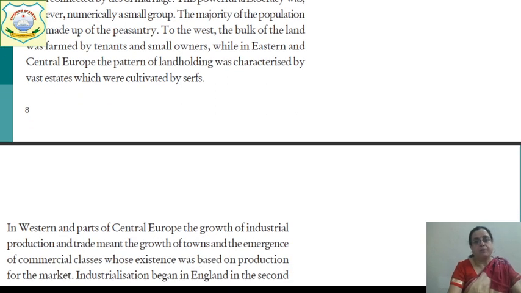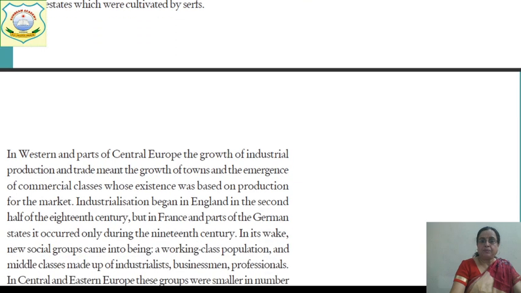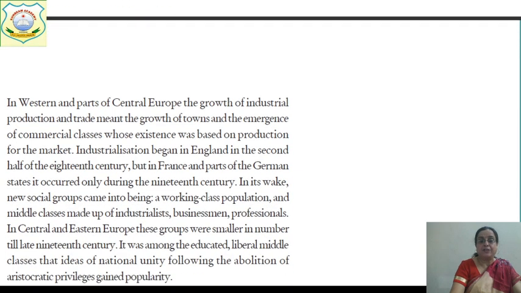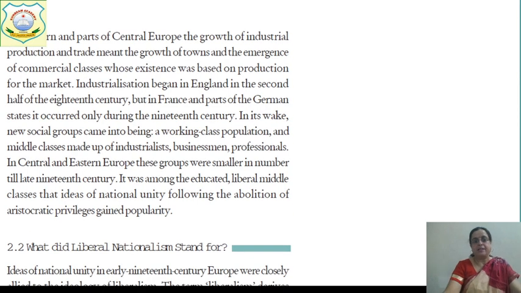The majority of the population was made up of the peasantry, and to the west, the bulk of the land was claimed by tenants and small owners. In western and parts of Central Europe, the growth of industrial production and trade meant the growth of towns and the emergence of commercial middle classes whose existence was based on production for the market.